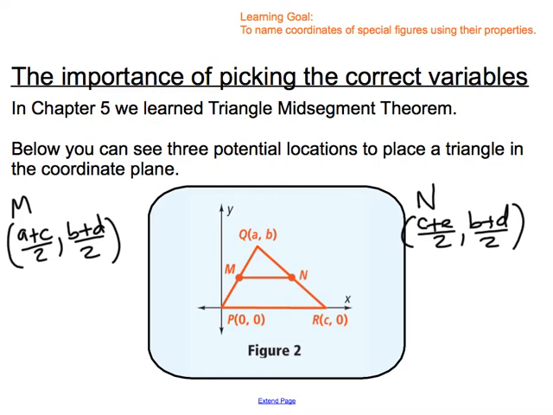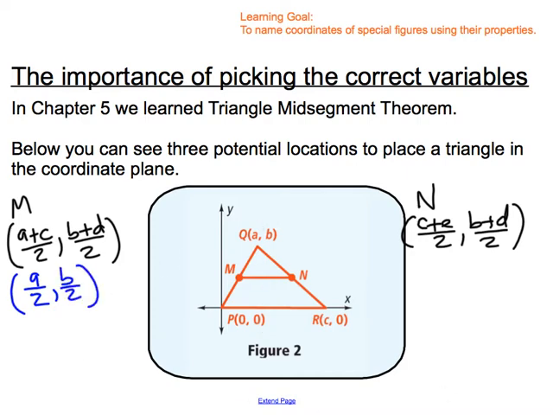If we again find the midpoints M and N, we'll find in this case that the x coordinate at M is the average of 0 and A. So this is now just A over 2 for figure 2. And the y coordinate is 0 plus B over 2, or just B over 2.